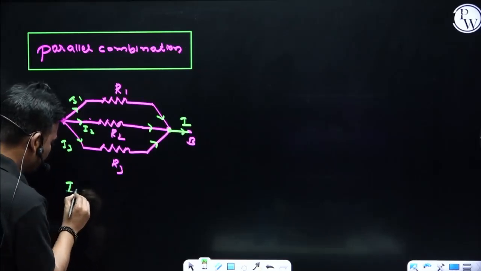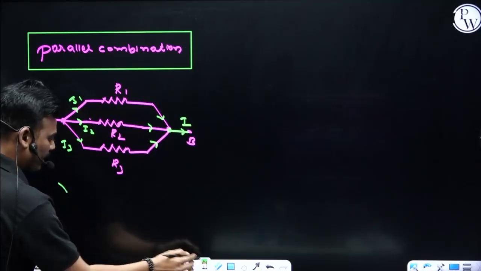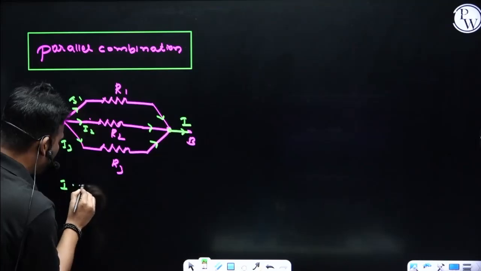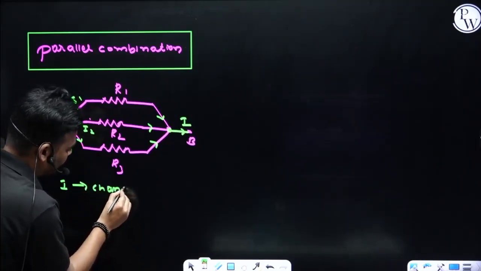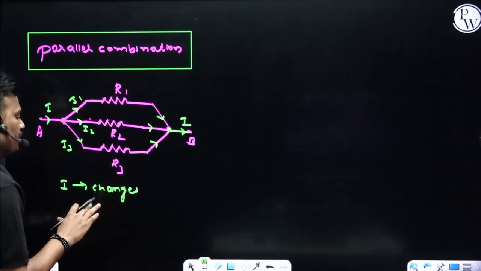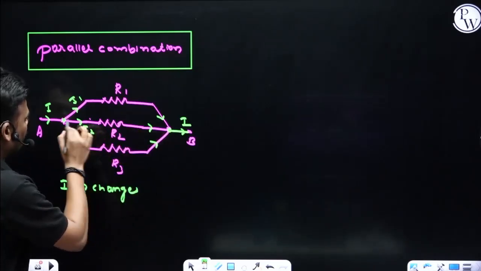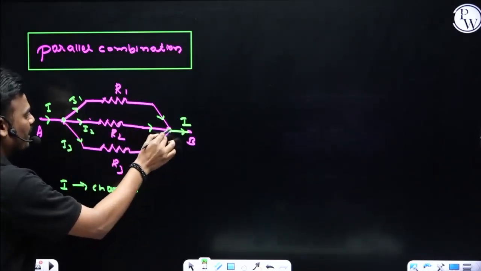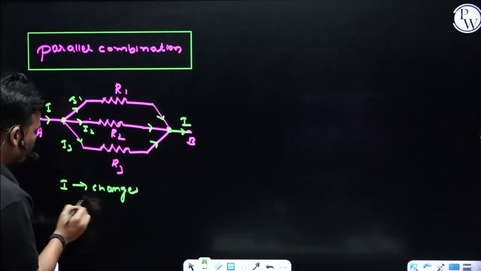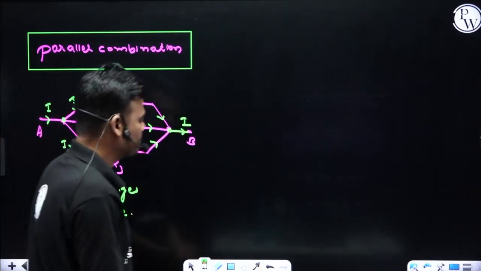So in this particular case, as I changes, what happens to the other quantity? The other quantity remains the same, because between 2 terminals, the potential difference remains the same.